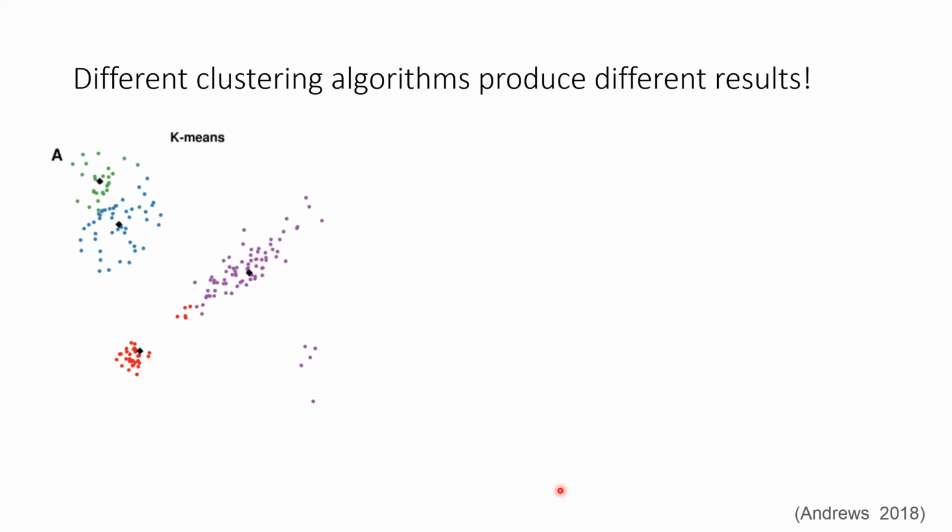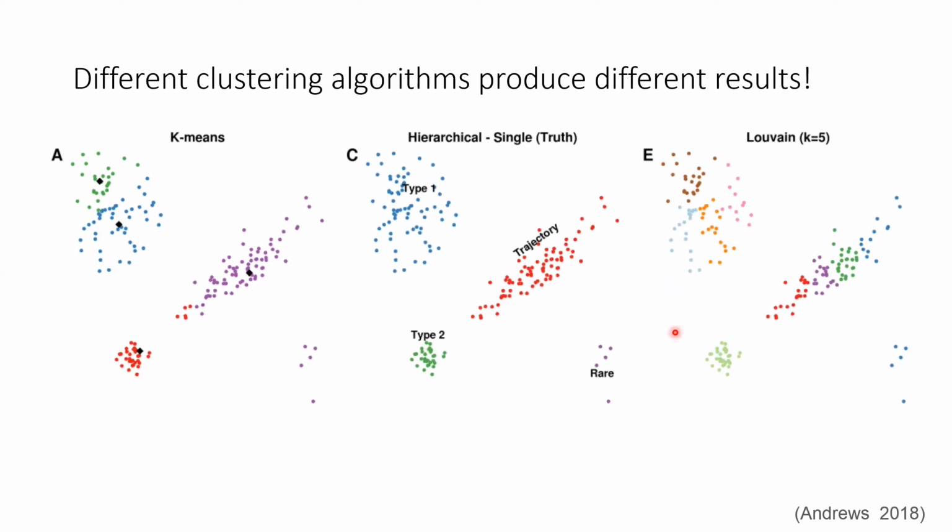Okay, so what happens when we apply these three clustering algorithms to the same set of data? Well, as you might expect, we get different results. In this experiment, k-means, hierarchical, and Leuven clustering were applied to a synthetic set of data. The synthetic single-cell RNA-seq data was simulated with one set of distinct cells that have relatively low transcriptional variation, indicated in red here.